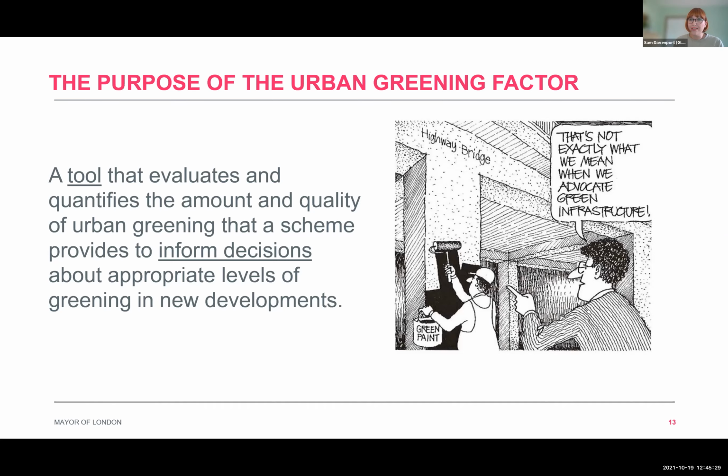The UGF is not an academic model. It's designed to be simple so that it's easy to use. And also importantly, the UGF doesn't provide the answer of the exact type of greening that's suitable for the development. I'll talk a bit more about that in the coming slides.